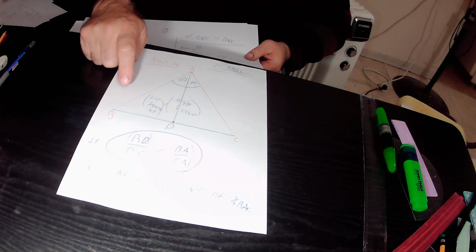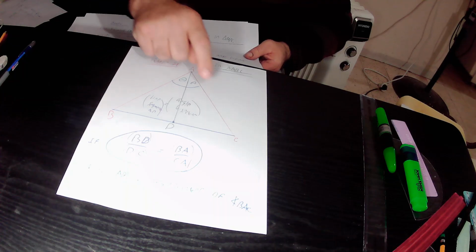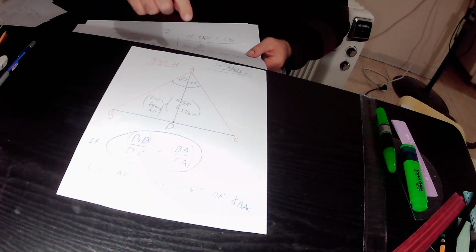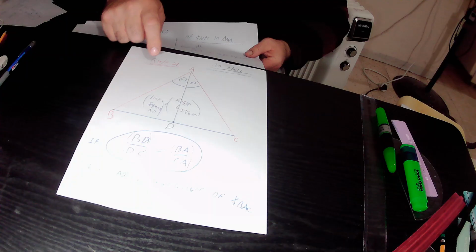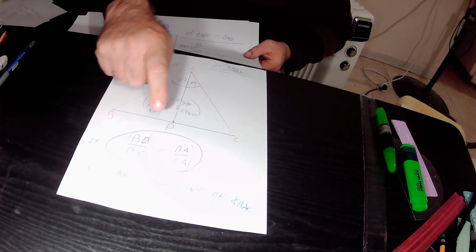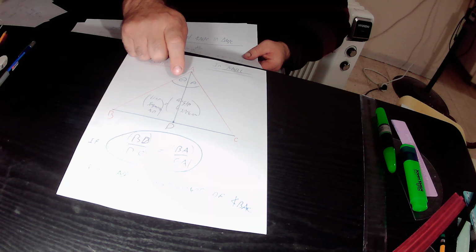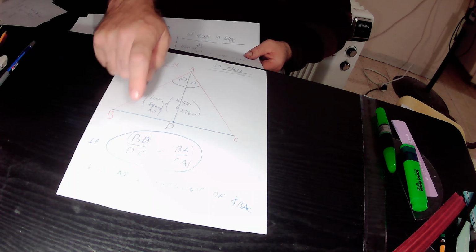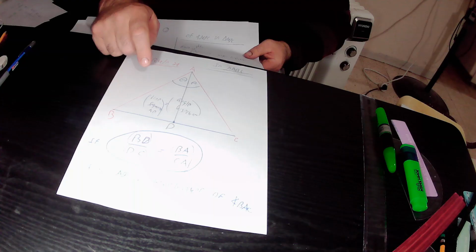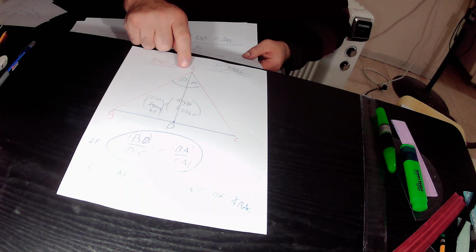Because BD over DC equals BA over CA, line segment AD must be the angle bisector of triangle ABC. That is to say, line segment AD divides angle BAC into two halves. Each half equals theta.